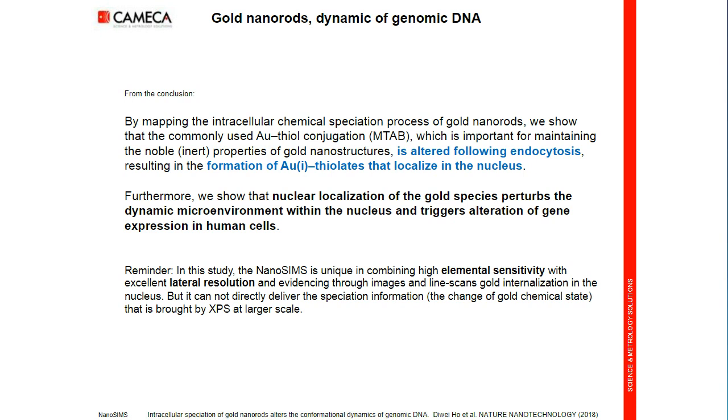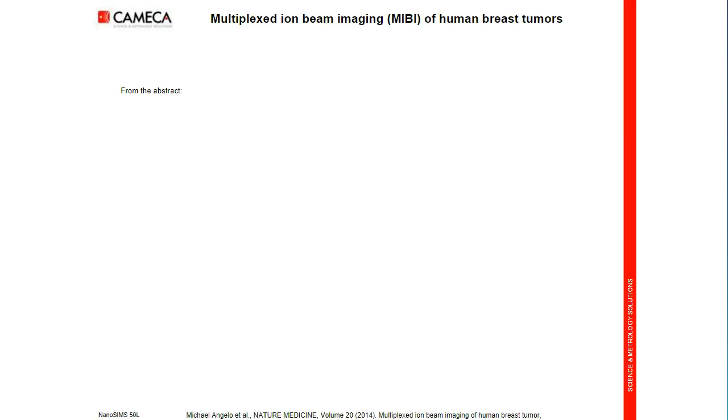But NanoSIMS provides trace element mapping, and does not provide chemical bond information. So in this article, it was brought by XPS analysis at larger scale. So in this part of the webinar, we will illustrate what we can do with elements when they are used as tracers.